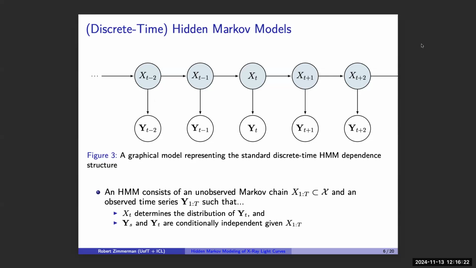I see we have a hand up. Yeah, I hate to interrupt, but I just want to clarify one point about the last bullet, conditional independence.